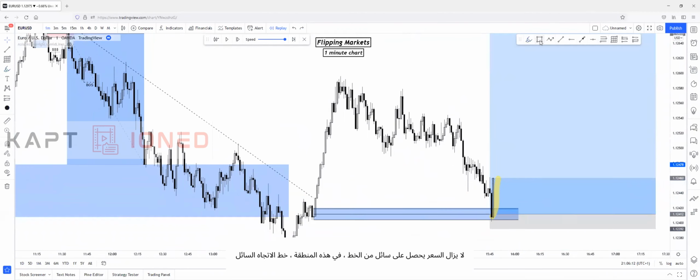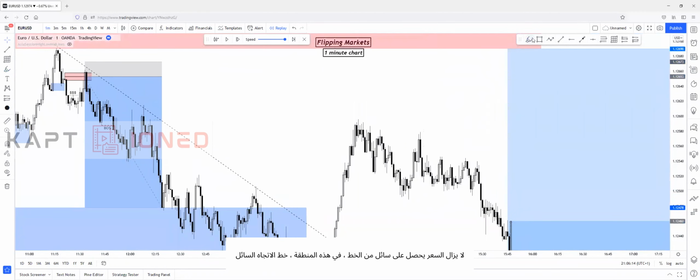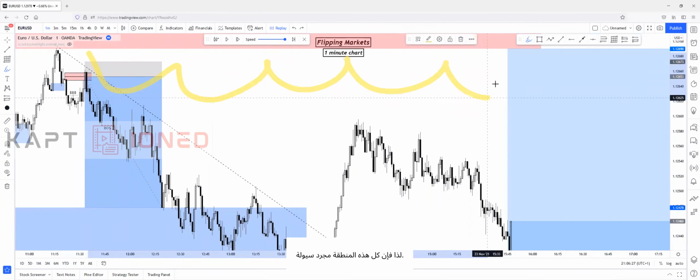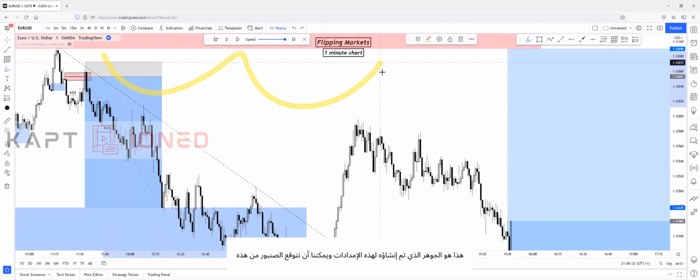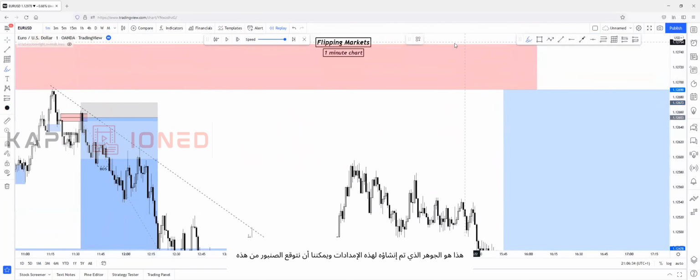The price still has a liquidity trend line in this region, and another in this region, double taps here, double taps here, more taps here, more taps here. So all of this region is just liquidity again. This is liquidity built up for this supply zone.